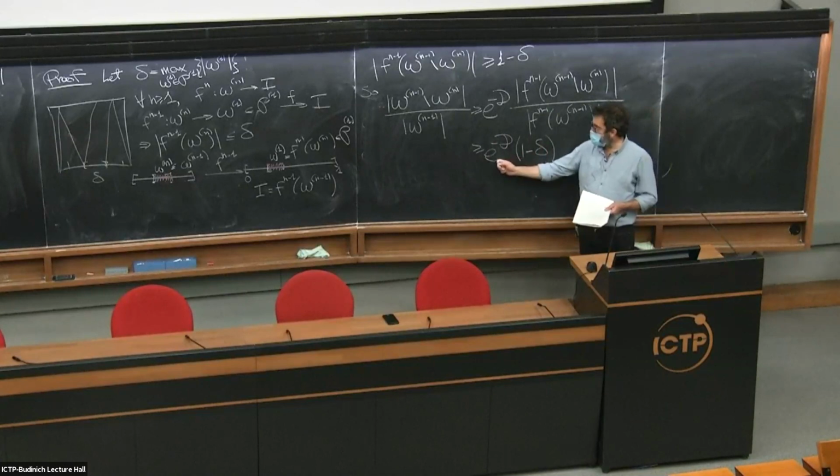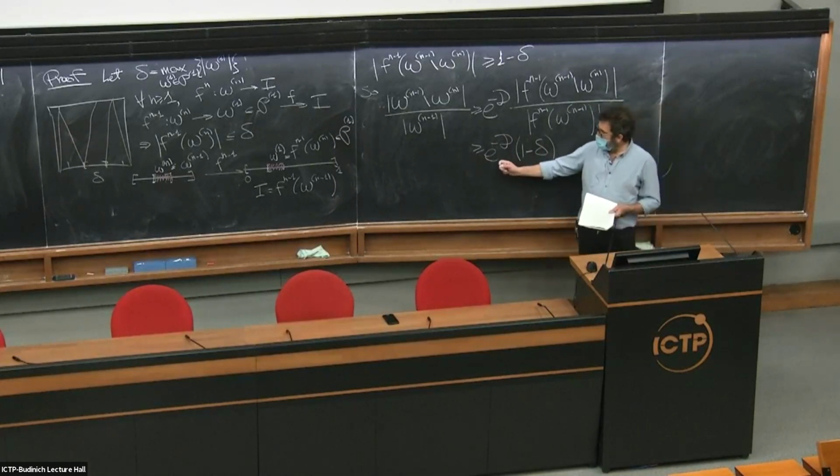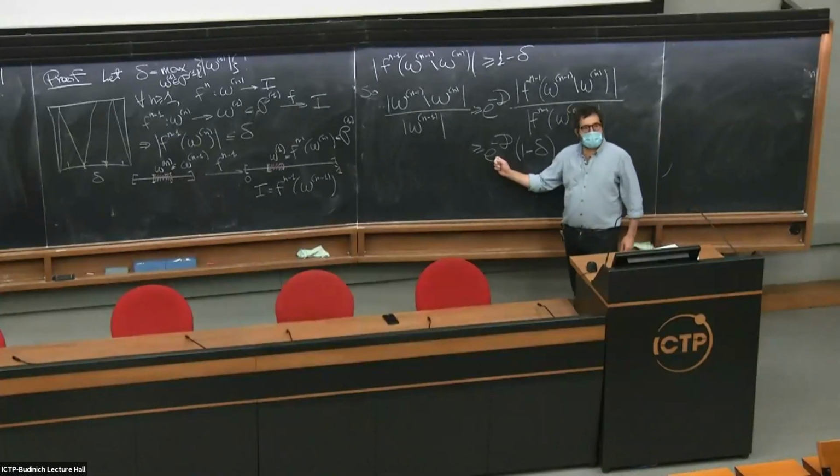E to the minus d times 1 minus delta. Less than 1. Yes, because e to the minus d is less than 1 and 1 minus delta is less than 1.